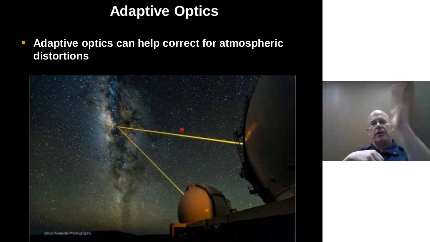And then we see how that star shakes around, and we can use that to correct the images we take with a telescope. This is called adaptive optics, and we can correct for those atmospheric distortions. And I dare say that the very latest telescopes with adaptive optics take better, or at least on the same level, images as Hubble.